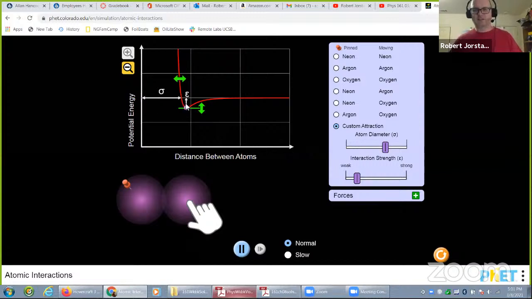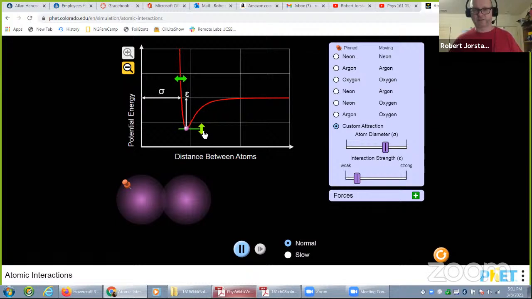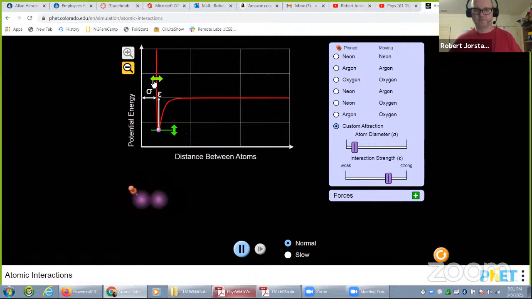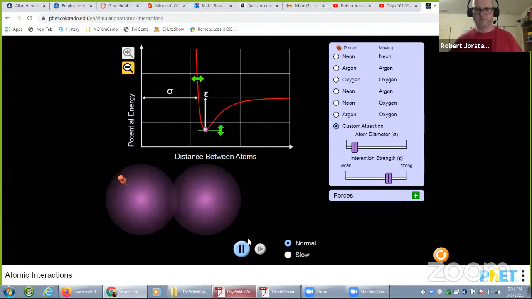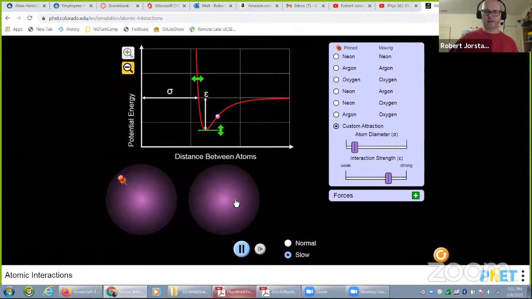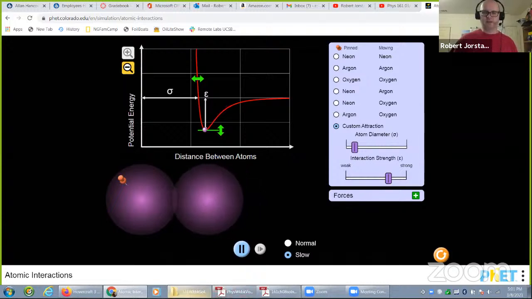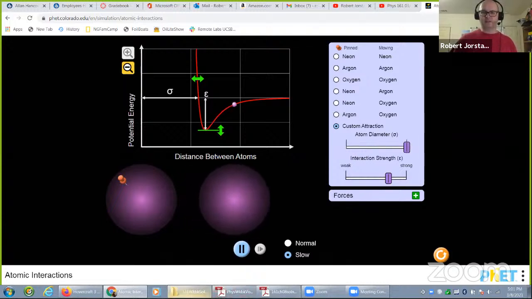We see that sigma is some sort of spacing, right? And epsilon is some sort of energy reference level. Okay. And then when I run this in slow motion, and let's actually pull it a little bit farther apart, this is almost exactly what we saw. It spends almost no time close to the atom and spends most of its time far away.